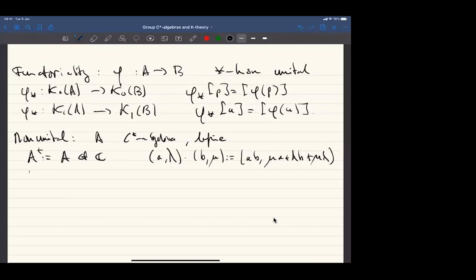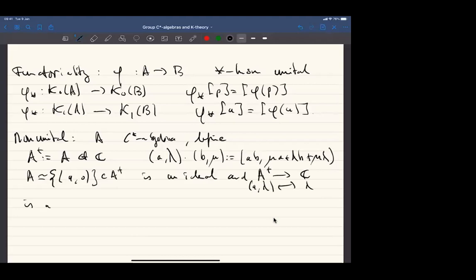And A, identified with (A, 0) in A plus, is an ideal, and the map from A plus to C is a star homomorphism, it's just surjective.